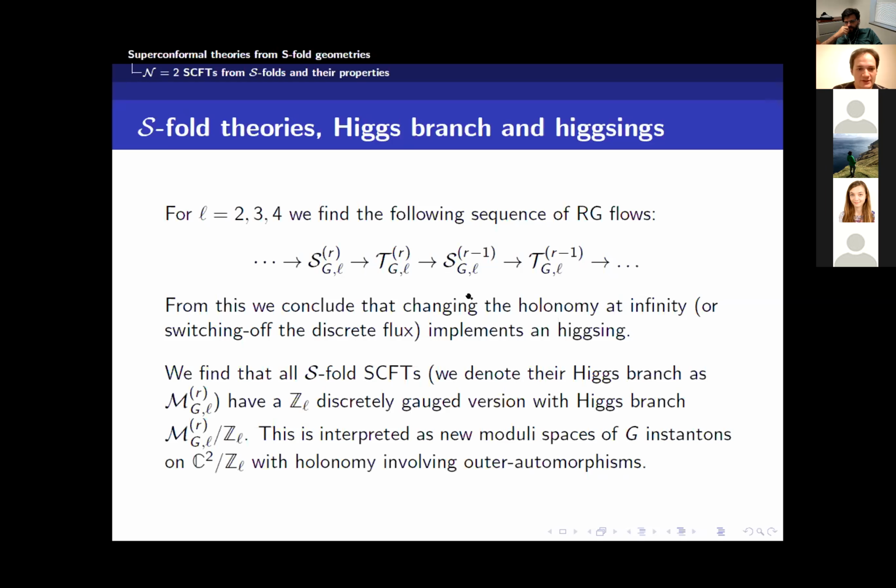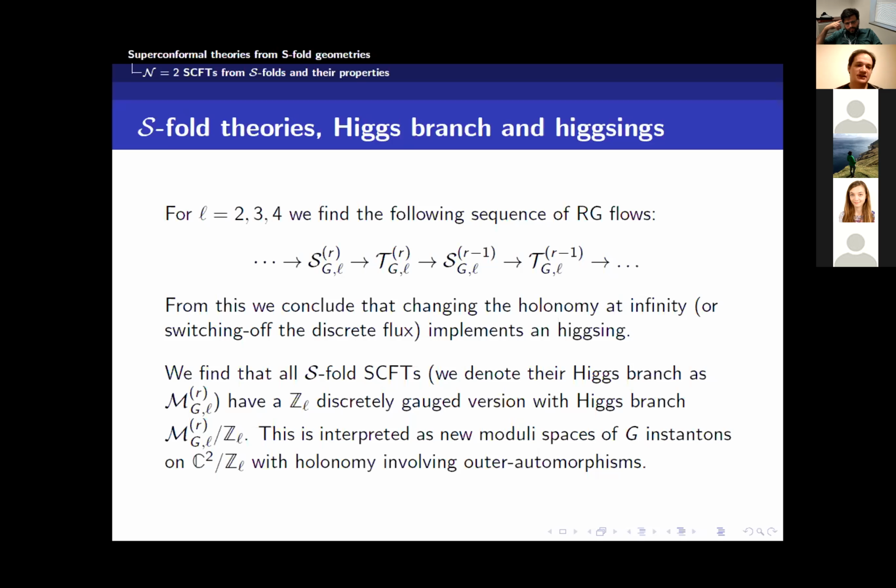Another important point is the structure of the Higgs branch. So, as I said at the beginning, we have a parent theory. In the example I discussed before, U(1) super Yang-Mills, and then I have a daughter theory, which is obtained with a Z_L gauging. Okay, this thing remains true, or at least we find evidence that this remains true for all S-fold CFTs.